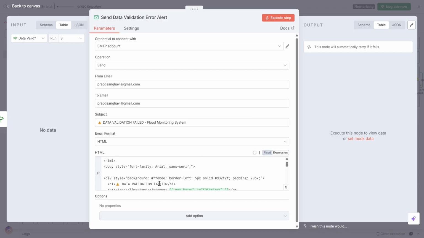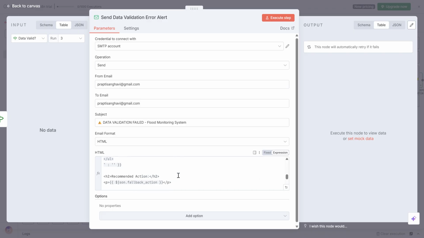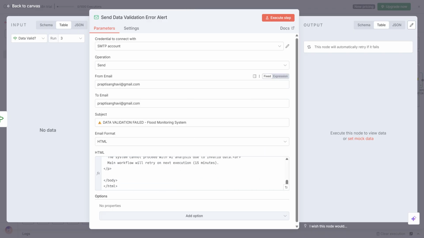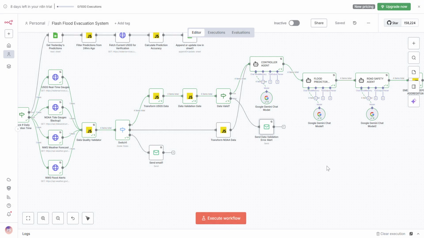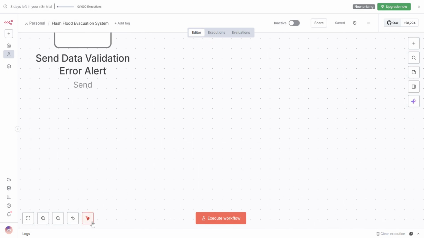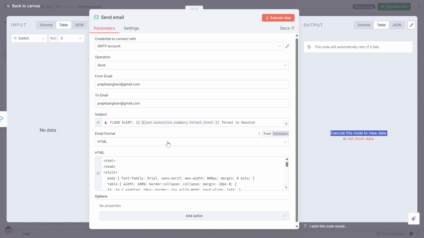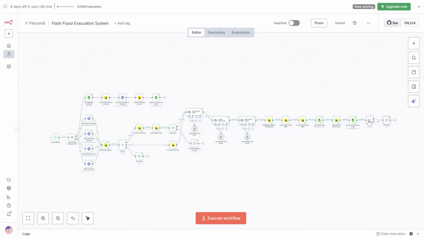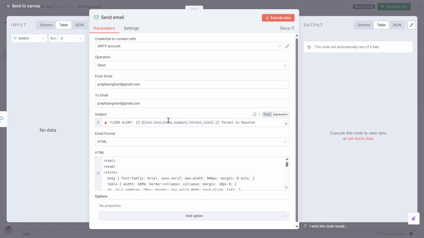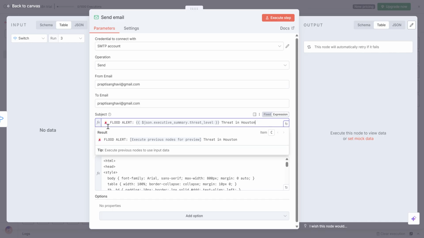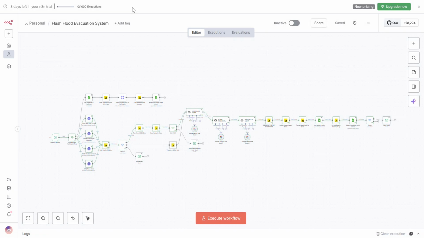So again here data validation failed and this would go as a result for the same. And also in here, if this does not run successfully, then also we are sending the email, and if there is a threat, then at that moment we are sending this alert that there is a flood alert.